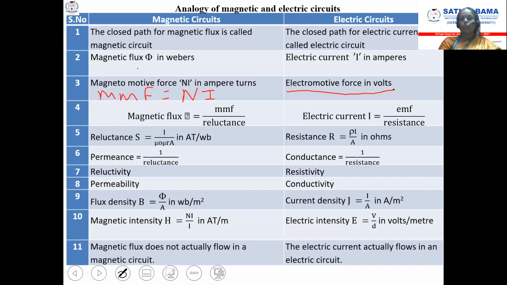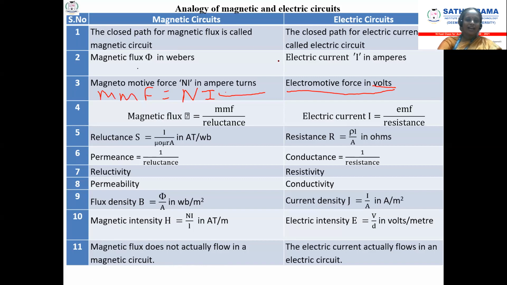Magnetomotive force is mainly used to produce the flux in the circuit. Electromotive force is used to drive the current in the circuit. The unit for magnetomotive force is ampere turns, and the unit for voltage is volt.